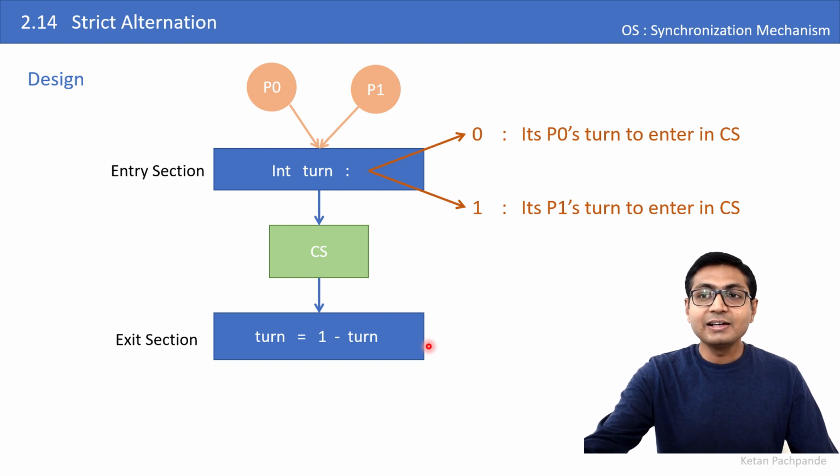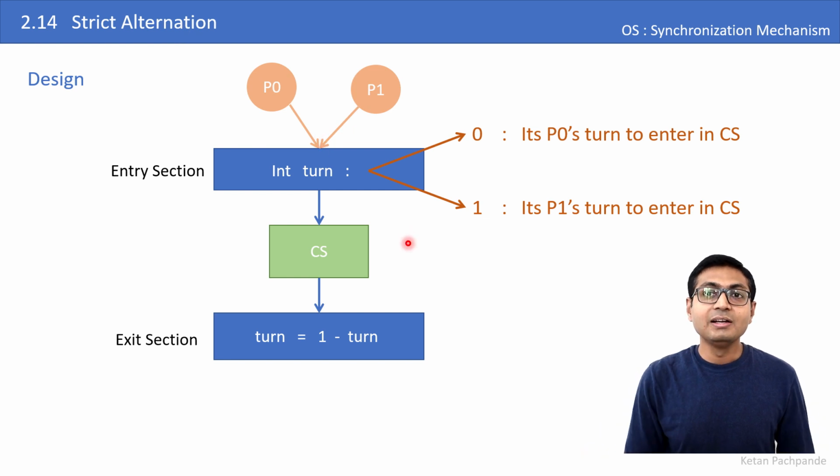So the entry in the critical section is purely on the strict alternation basis. I can also say one process cannot enter into the critical section twice consecutively. If P0 first enters into the critical section, after it completes its execution, it has to give the chance to P1 only. And after P1, again P0 can enter into the critical section.